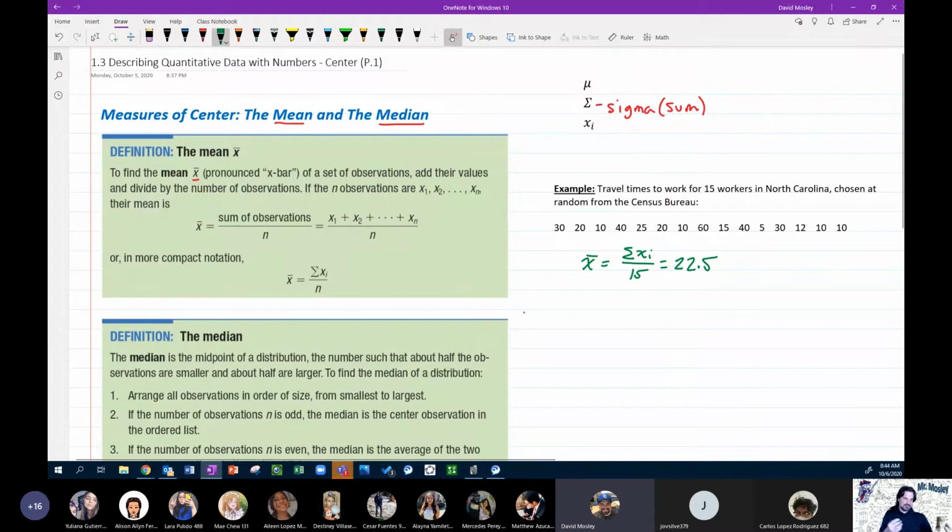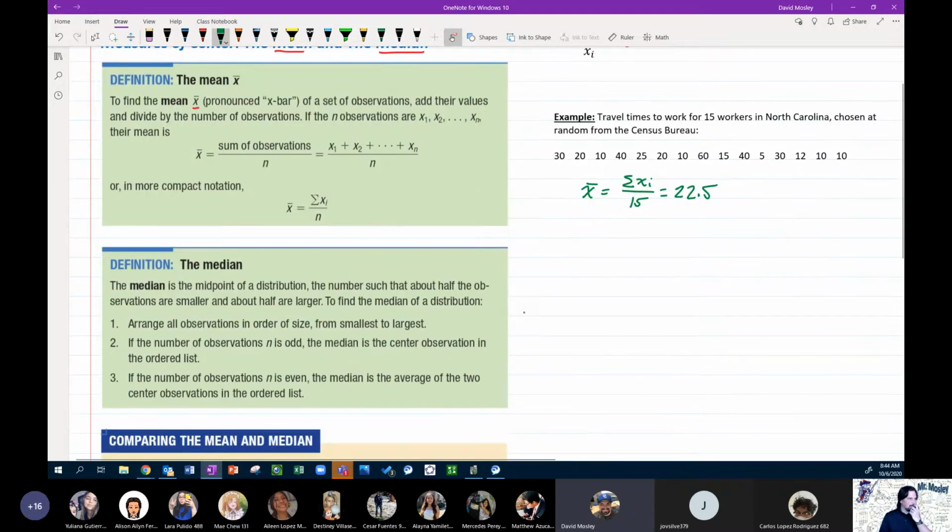The next measure of center is the median. The median is the midpoint of a distribution: the number such that about half the observations are smaller and about half are larger. To find the median of a distribution, arrange all observations in order of size from smallest to largest.